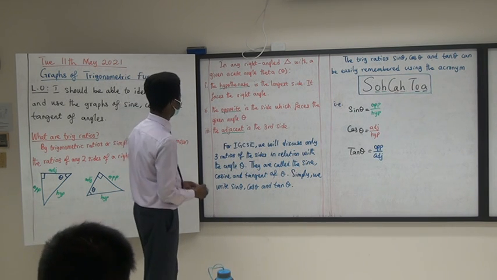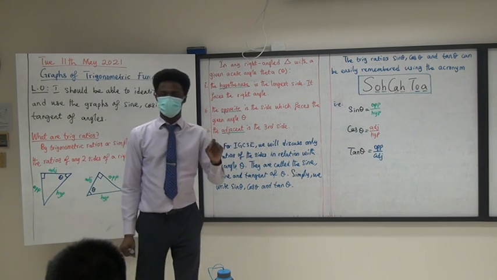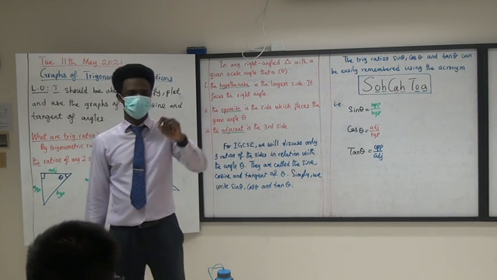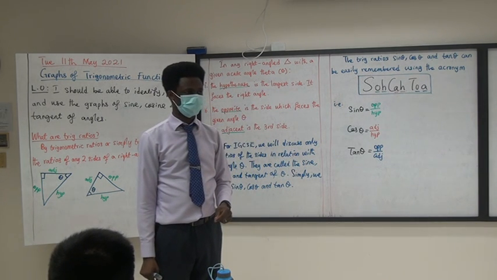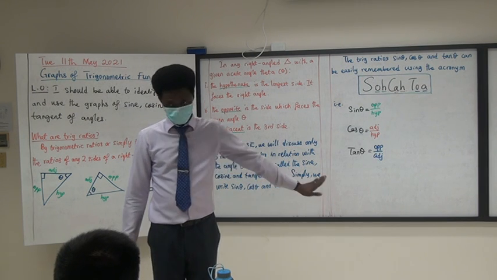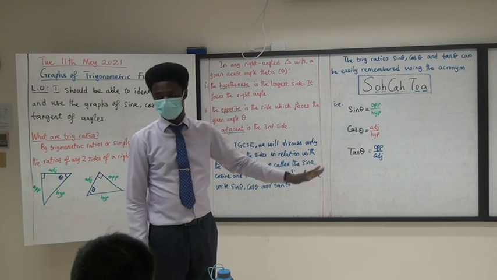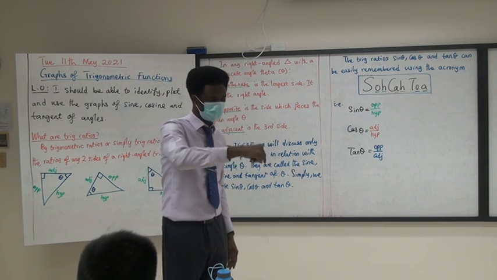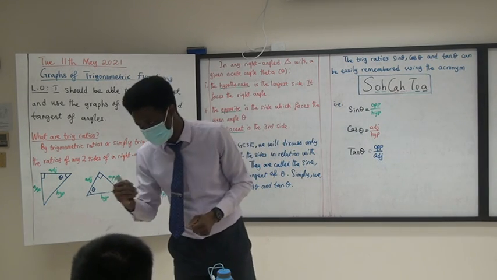Yes, no. All right. So opposite is that side that faces the angle that we are discussing, the angle in question. Remember, it's a right angle triangle. So angle 90 is not the angle of reference, because that will always be there. But we are going to now identify one given angle. It might be given in the question, it might be found in the question.